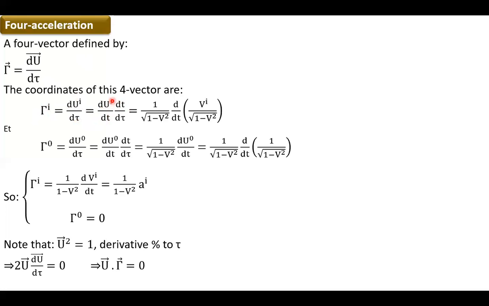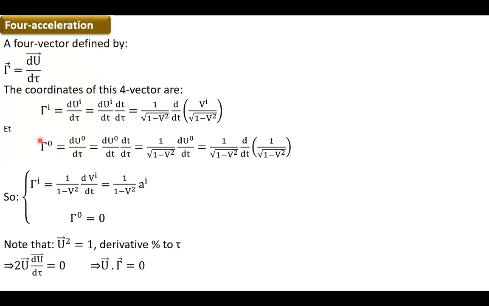So you get dui over dt times dt over d tau. And you know from the last session that dt over d tau is equal to 1 over the radical of 1 minus v squared. And d over dt of ui, you know it, it's gamma vi, so it's vi over the radical 1 minus v squared.